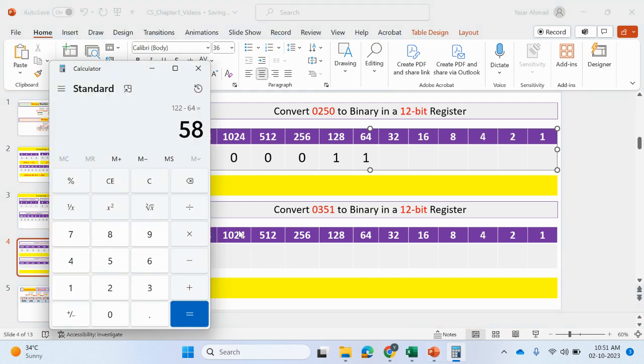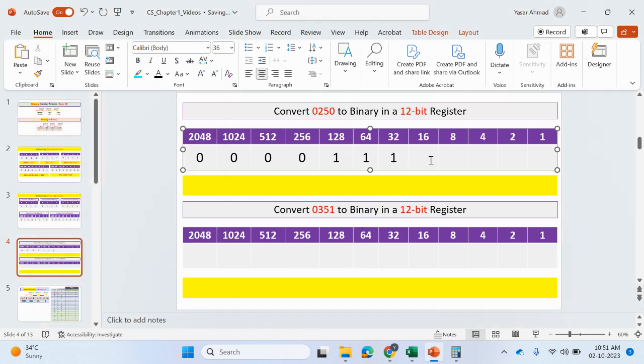Okay, 58 take away 32. We have 26. Okay, so 16 goes into that. Okay, and then we're left with 10. So 8 goes into 10, and then 0, and then 1 here for the 2, and then 0, and done.